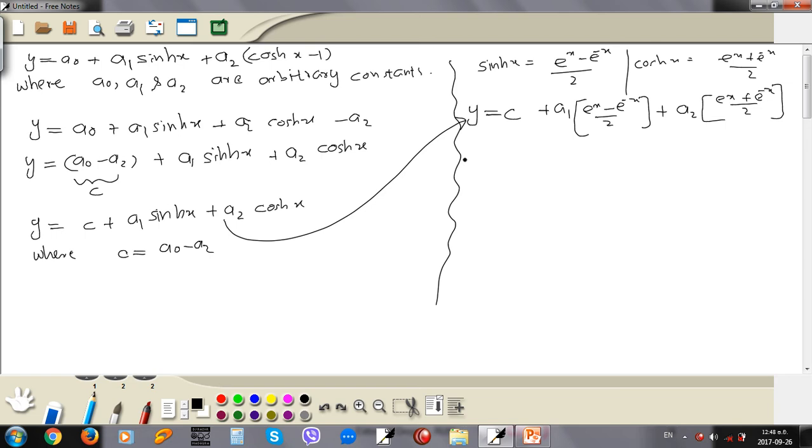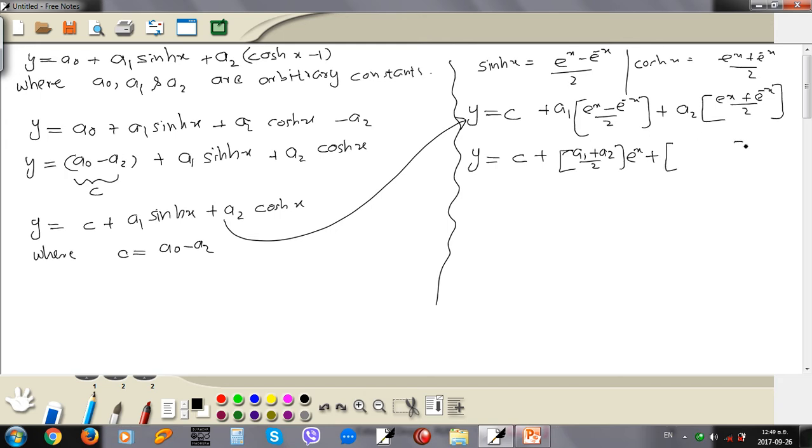Then we can write y equals c plus, removing the brackets, a1 e to the x over 2 and a2 e to the x over 2. So we can write a1 plus a2 over 2 times e to the x.